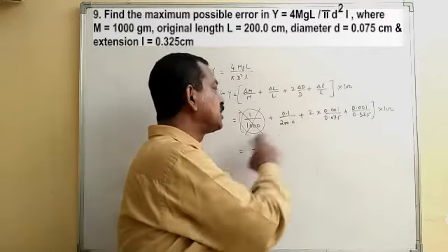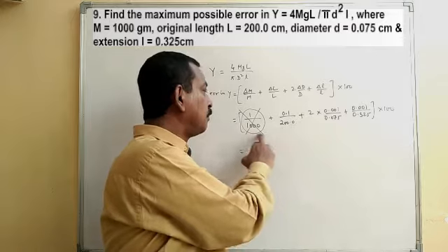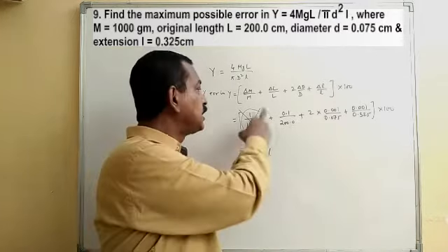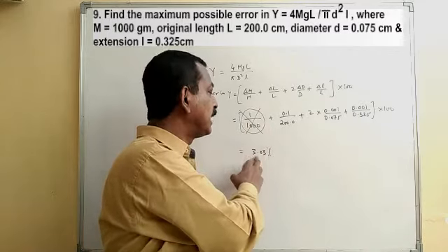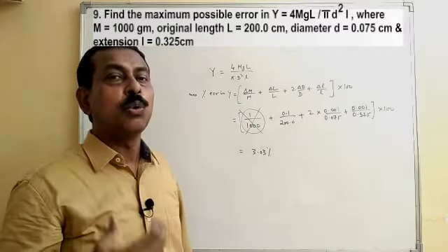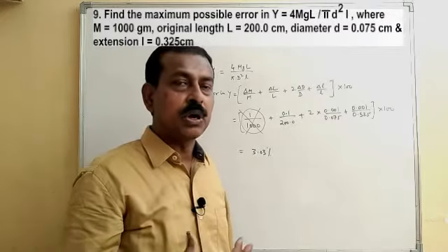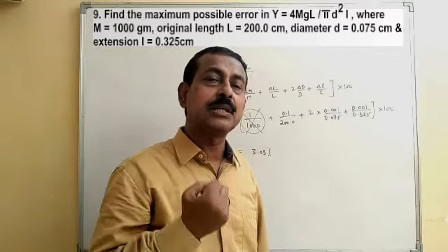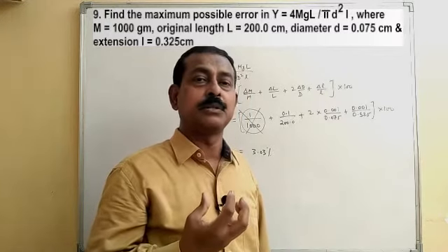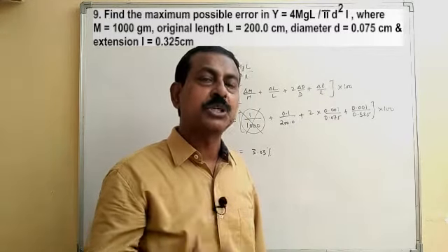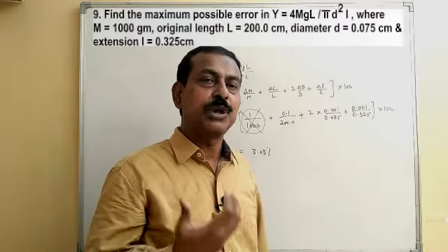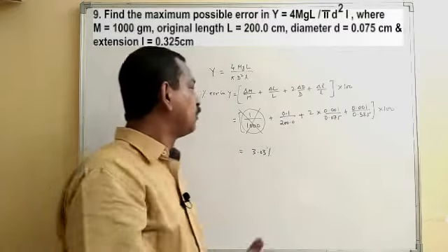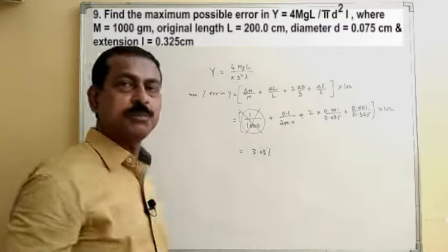Some books which have used this term will have a different answer. But as I told you, it is not taken into consideration because we have not measured the slotted weight mass. If you have not measured it, there will be no error. So the error will be 3.03%.